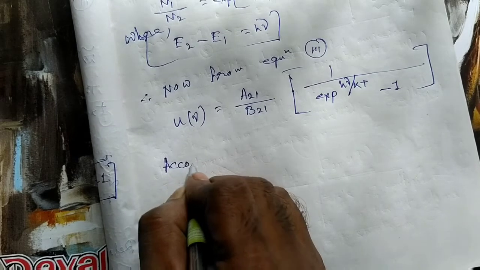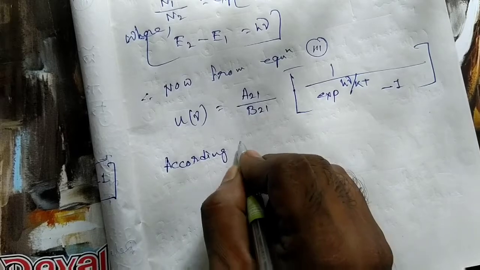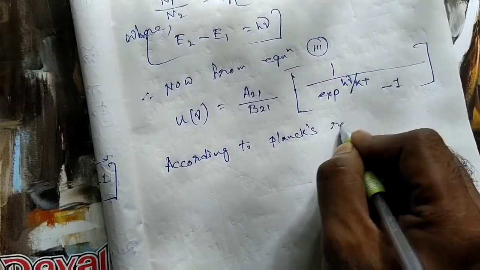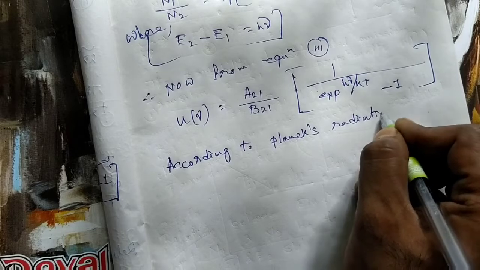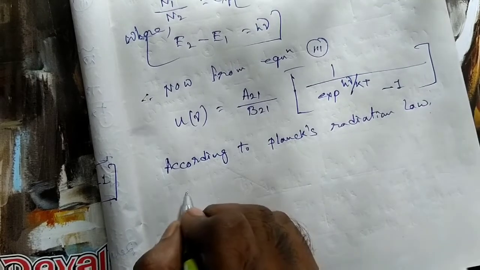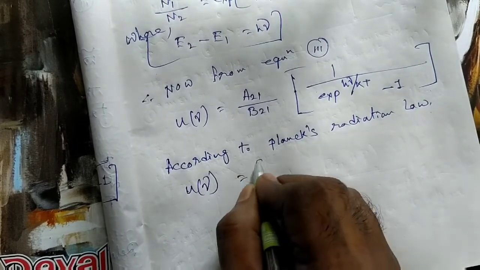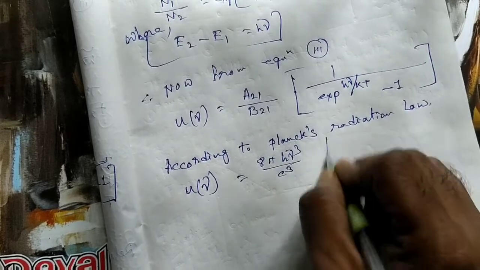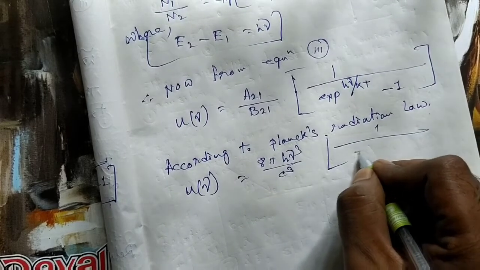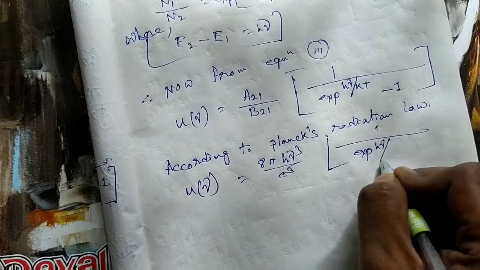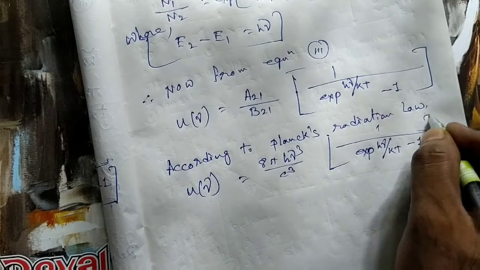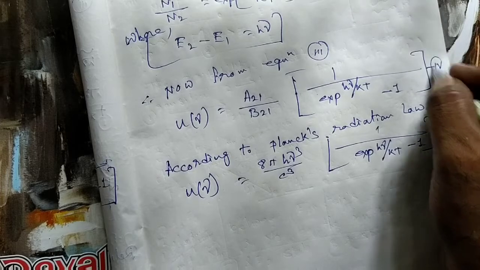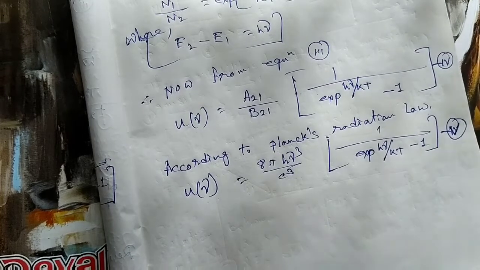Rewriting here, according to Planck's radiation law, we know U nu is equal to 8 pi H nu cube by C cube times 1 by exponential of H nu by KT minus 1. This is suppose equation 4, and the earlier one is equation 5.